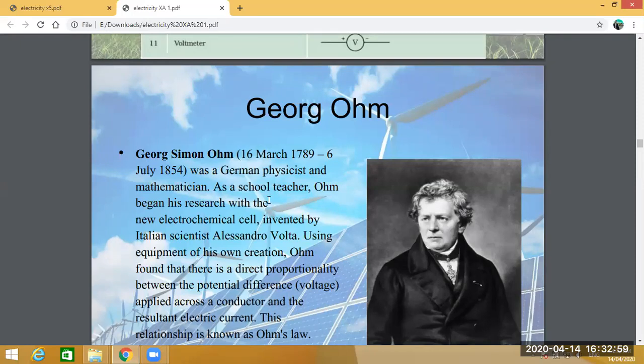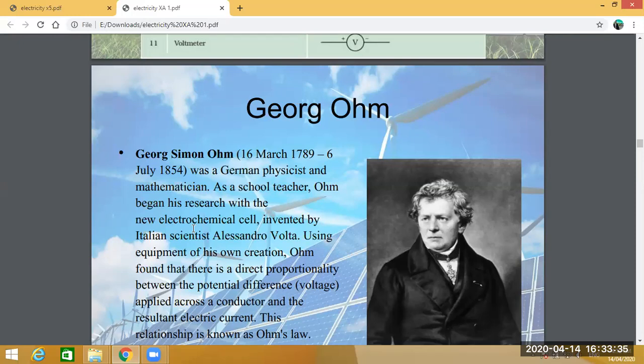So, being a school teacher, Georg Simon Ohm started his research with the new electrochemical cell invented by the Italian scientist Alessandro Volta. That's why the SI unit of potential difference is volt. This name has been derived from the name of Alessandro Volta, because he first invented the cell.